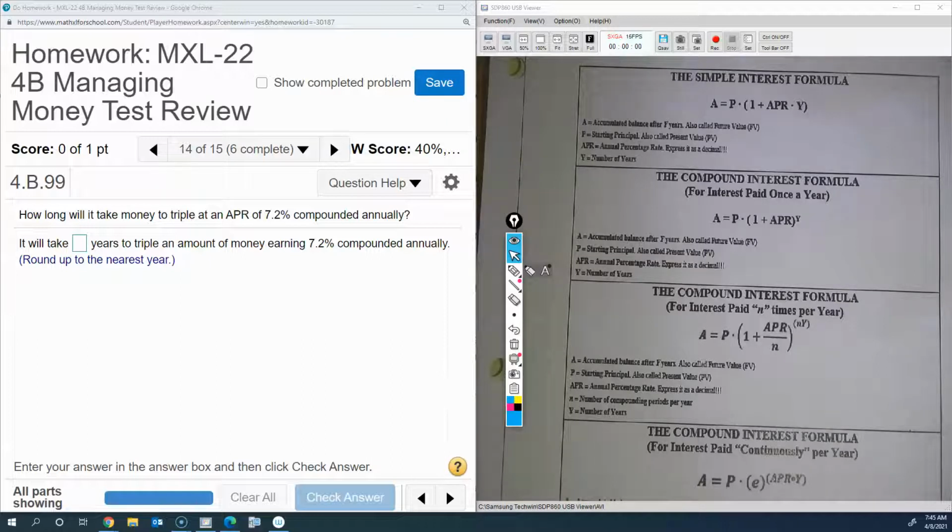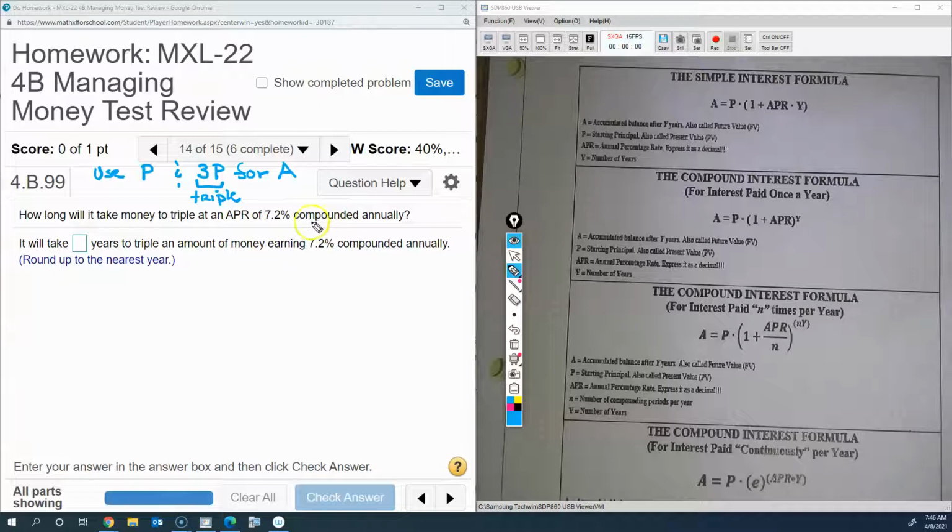So I don't know how much I'm starting with. Okay, it doesn't say how much I'm starting with. So what I do is I'm going to use P, and I'm going to use 3P for A in my formula. Because 3 times that would make the money triple.